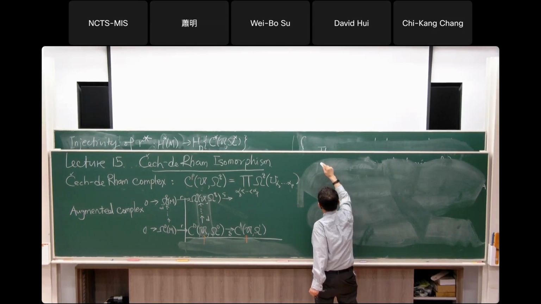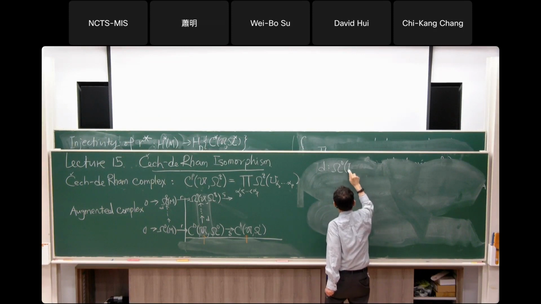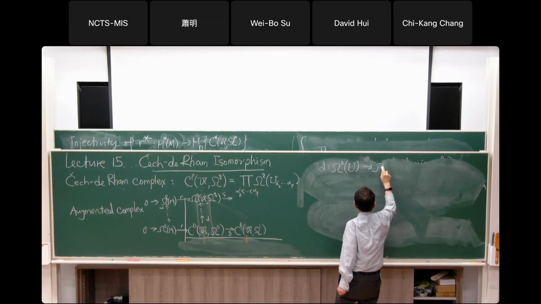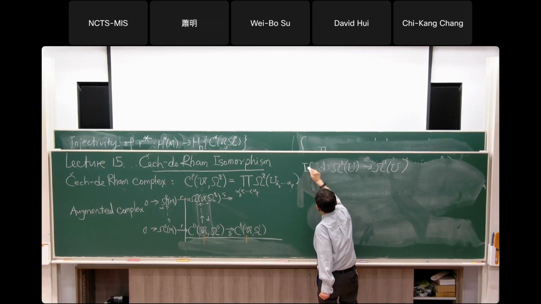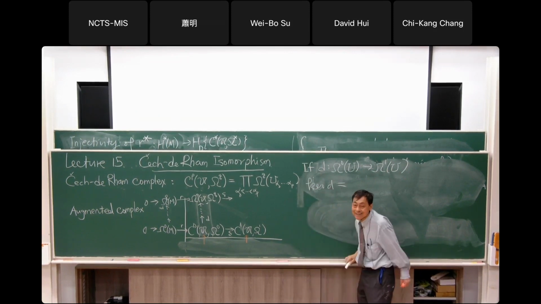So D from omega 0 of U to omega 1 of U has a kernel equal to what?